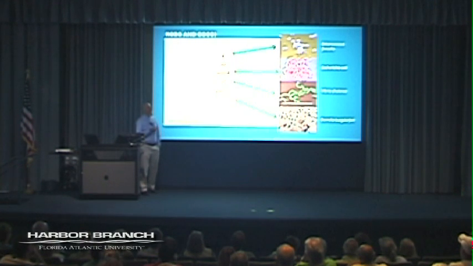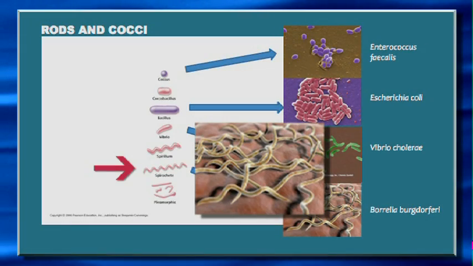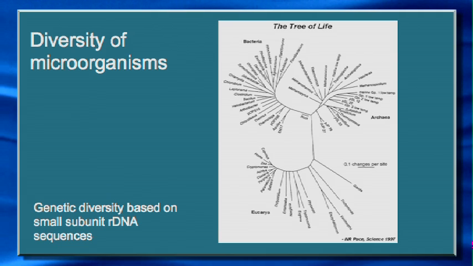We see this type of bacterium in the river, but this particular bacterium is Borrelia, and this is the causative agent of Lyme disease. Okay, really pretty little bacterium, but then I'm a microbiologist. So we see diversity at the level of just looking at them for their shapes.